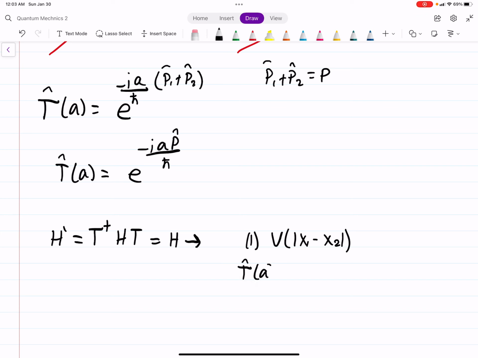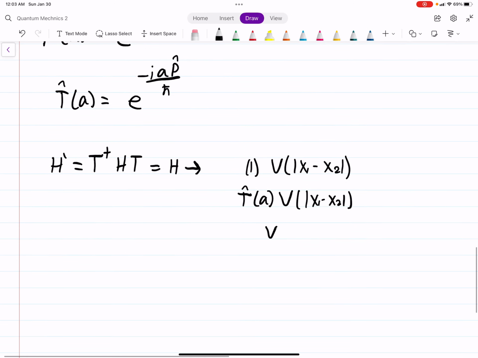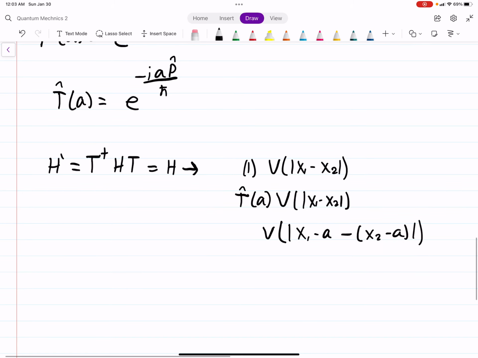So let's do a translation operator acting on our potential. This would then just be equal to V of x1 minus a minus x2 minus a, which is obviously V of x1 minus a minus x2 plus a.